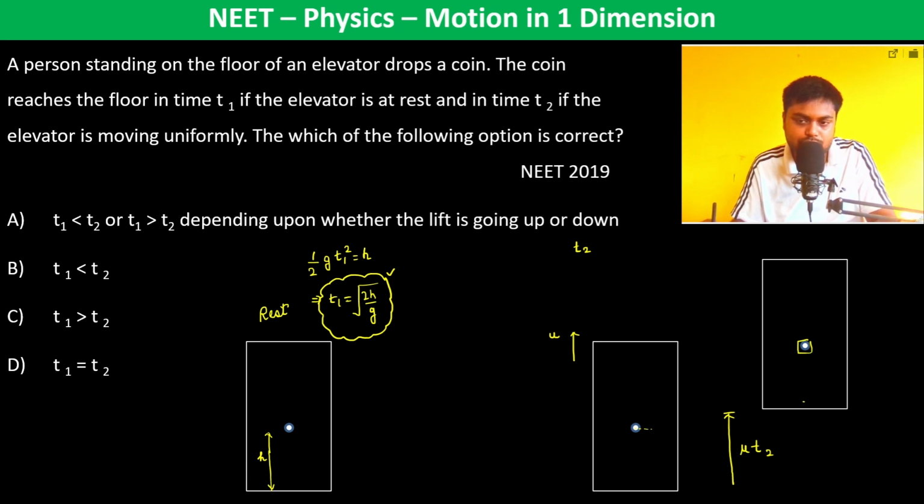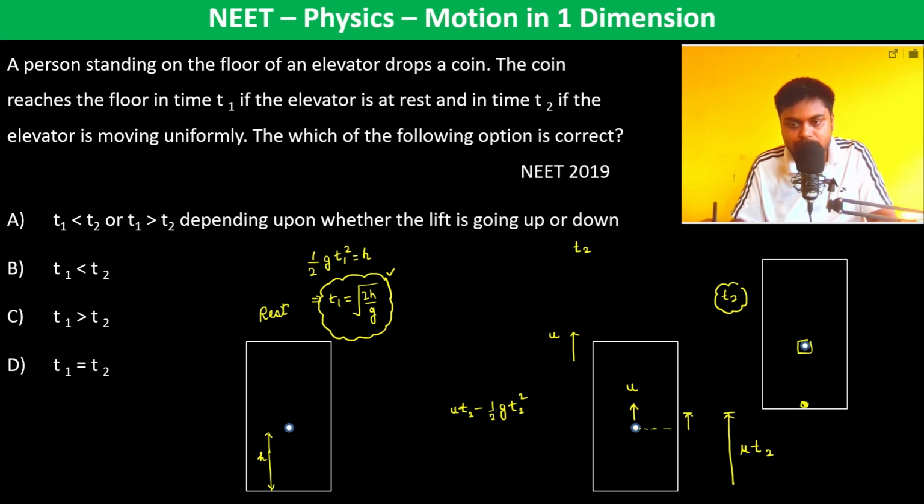The coin should be resting on the ground after time t2. So this coin has gone up by u into t2 minus half into g t2 square, because the coin also has initial velocity u and the acceleration due to gravity is g.